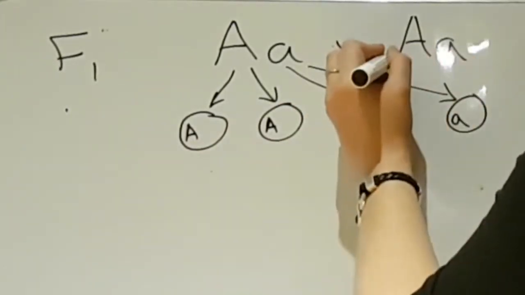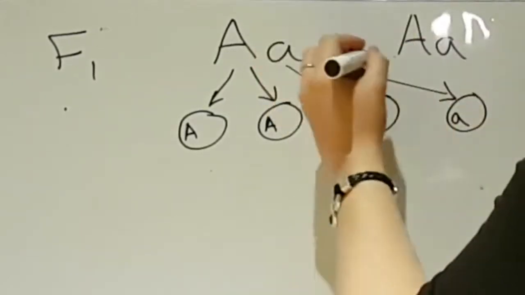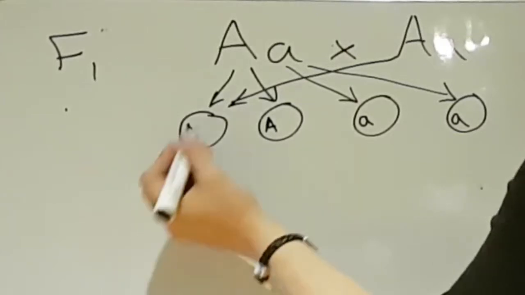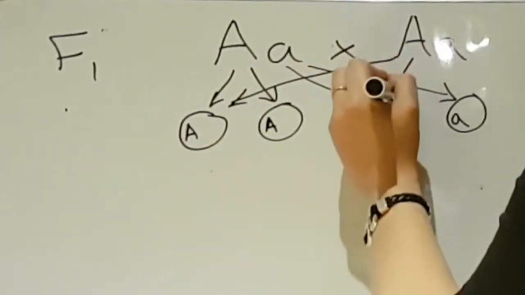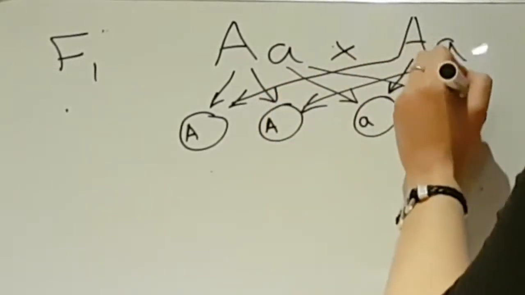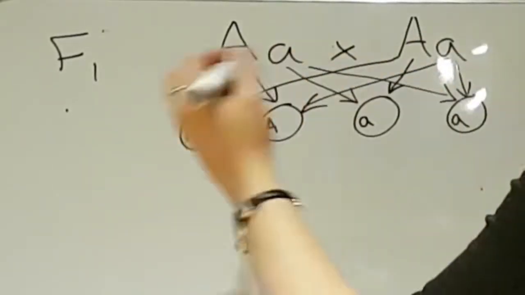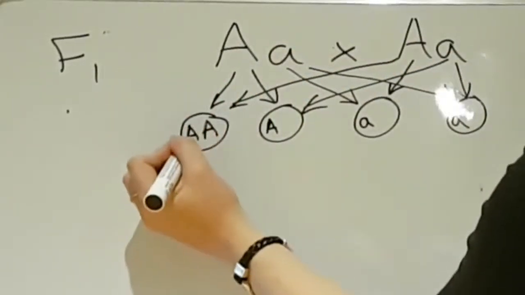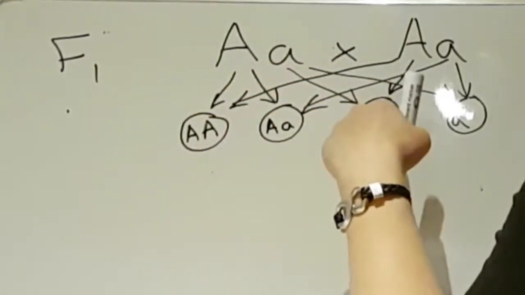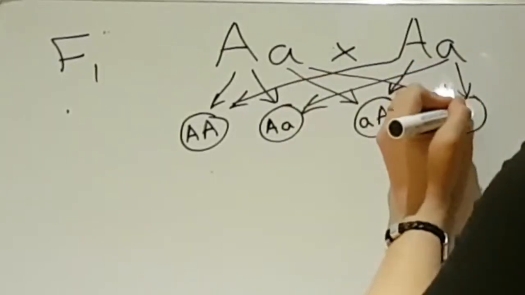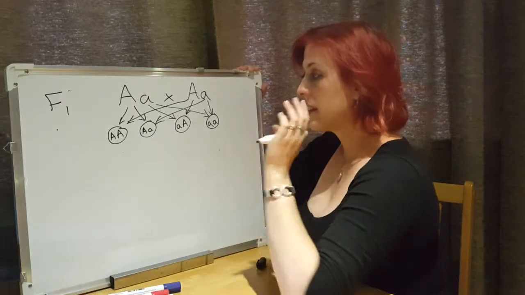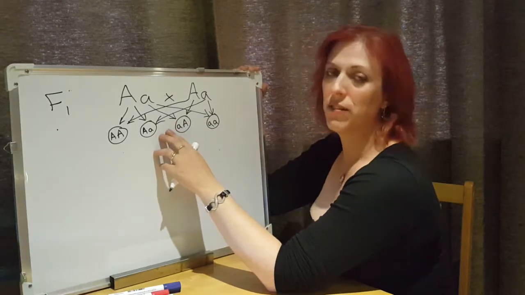We can have this dominant A allele coming into this zygote. We can have it going into this one, and we can have this arrangement of the recessive alleles. So we end up with a homozygous dominant, a heterozygote, another heterozygote, and a homozygote recessive.